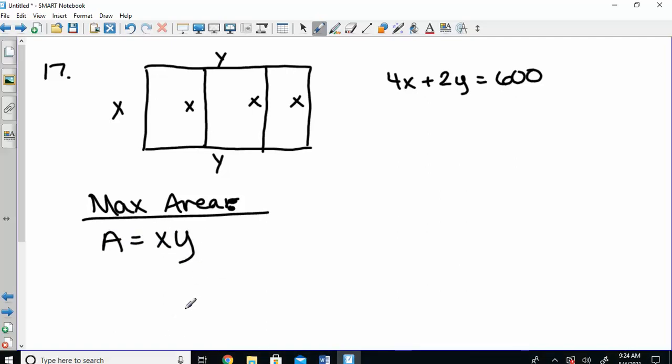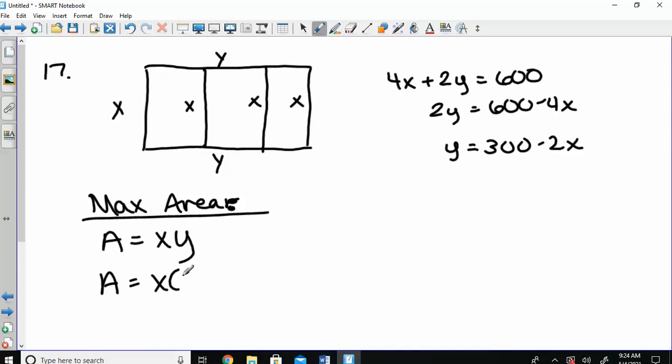Before I can take the derivative, I have to get rid of a variable. So we can use this equation and solve for one of them. So y is 300 minus 2x. So plug that in, I'm going to go ahead and distribute.